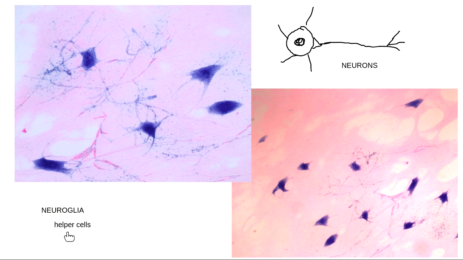Neuroglia are just the kind of cells that help to keep my neurons alive, or help to make sure they have the right shape, help to make sure that the concentration of ions are good inside and outside, all those kind of helping functions. That's what neuroglia do. And so those neuroglia are much smaller. It's those little blue dots that you see down there. The really big ones are the neurons. So the large neurons and the really small neuroglia.